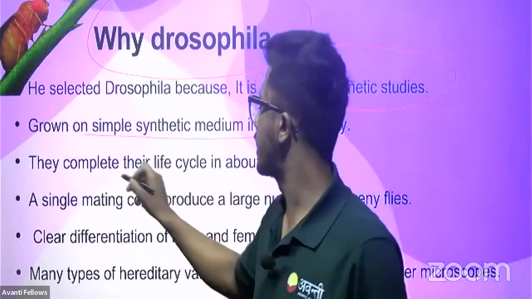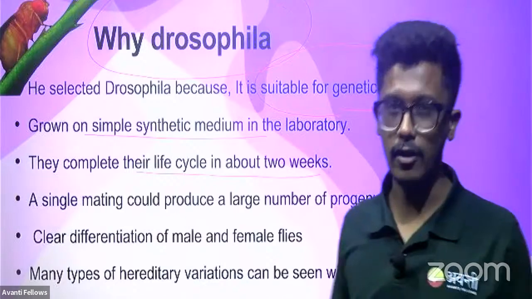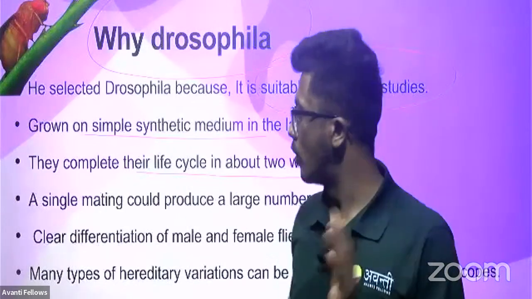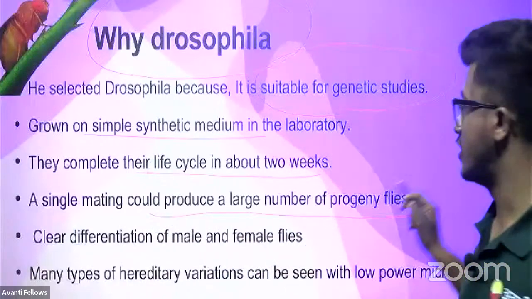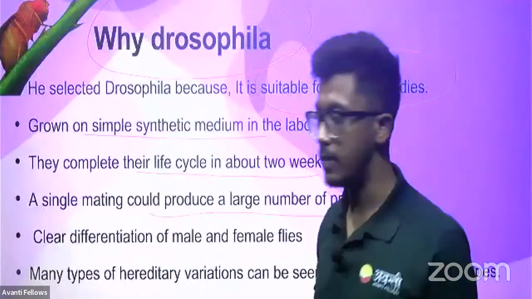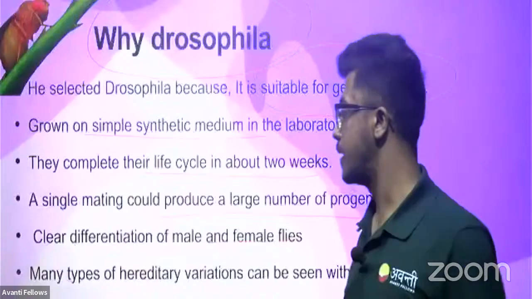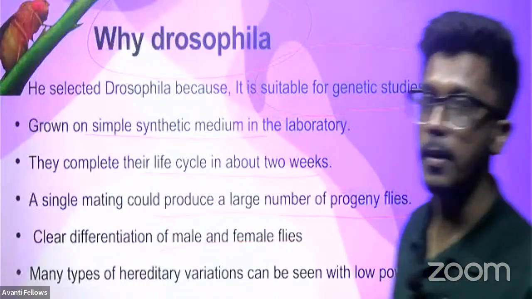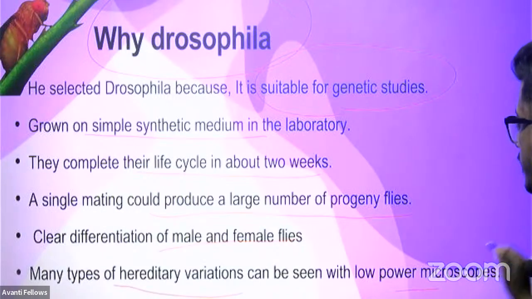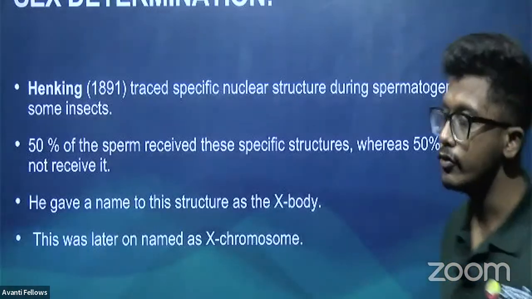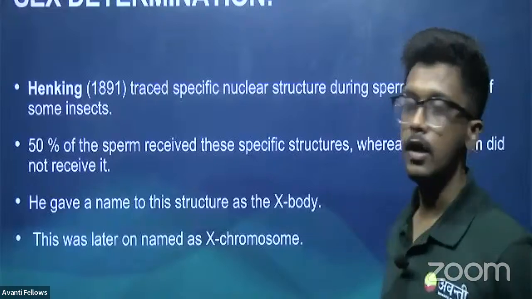They complete their life cycle in a very small span of time, that is 2 weeks. Their chromosome number is very small, and they can produce a large number of progeny. Male and female can be differentiated very easily, and they show many hereditary variations. That is why they can be used to study genetics.